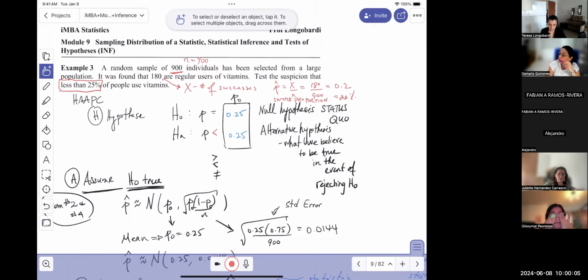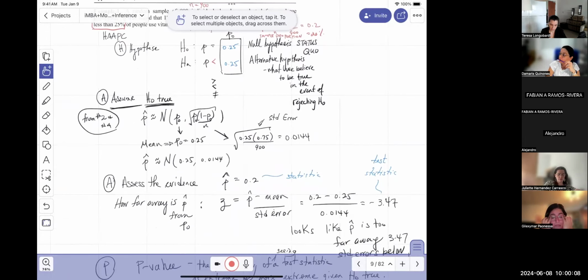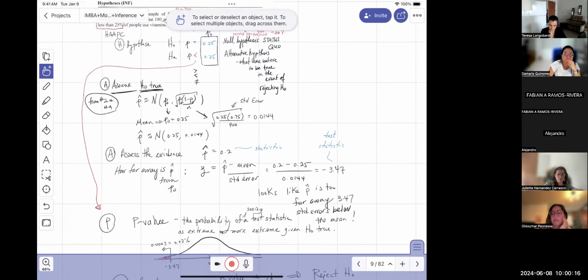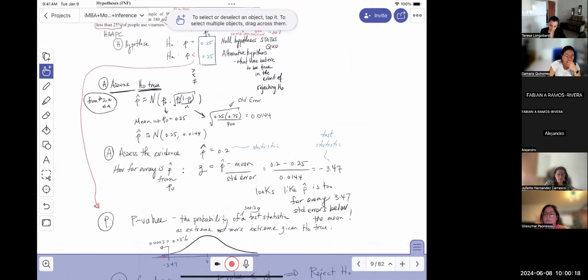So I'm going to take that, and that gets used all the way down here. Otherwise, if I reject the null, I make a statement regarding the alternative.